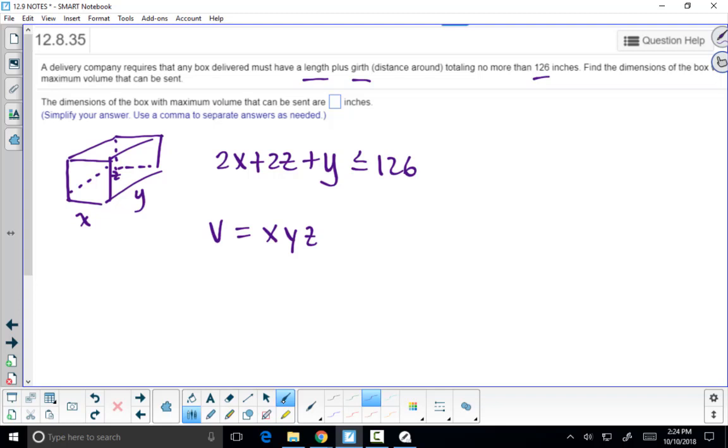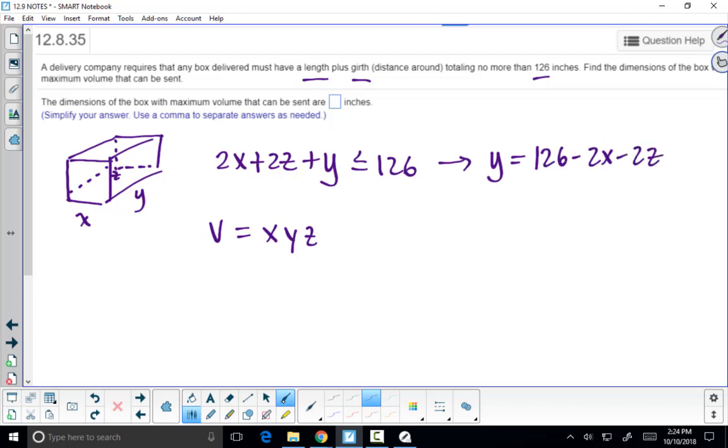Okay, so the maximum that we can have here is 126. So this gives us a relationship between x, y, and z. We could solve for one of the letters, plug it into the formula, use our partial derivatives, and go from there. Let's solve this one for y. The biggest this can be is 126, so we'll treat this as an equality for the largest possibility. So y = 126 minus 2x minus 2z.